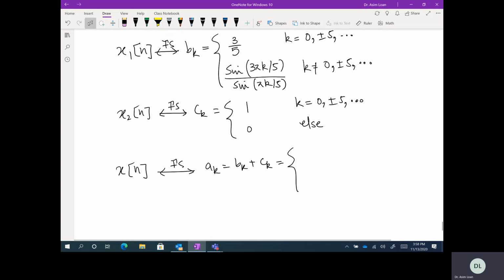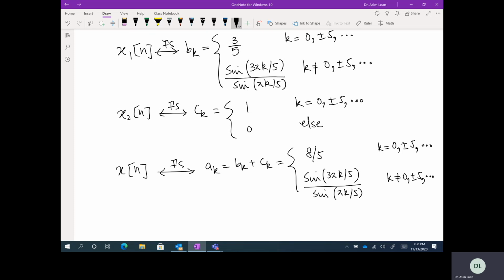So 1 plus 3 over 5, this is 8 over 5. This is for k equals 0 plus minus 5, and so on and so forth. Or otherwise, this is simply sine 3 pi k by 5 over sine pi k by 5, and this is for k not equal to 0, not equal to plus minus 5, and so on and so forth.